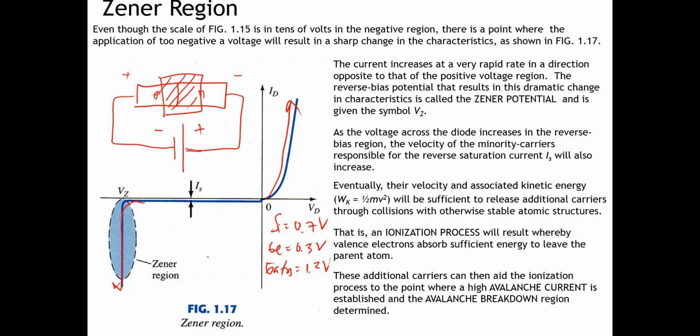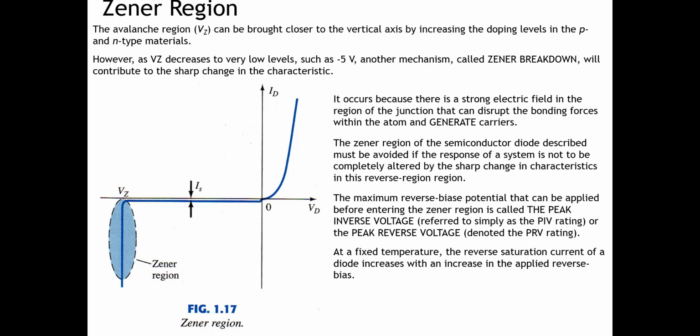There is a tunneling of electrons in the energy bands of the p-type and n-type, so the electron can move from the conduction band to the valence band with a very negative energy. So this is the Zener region, and every type of diode has a different Zener region or Zener voltage.